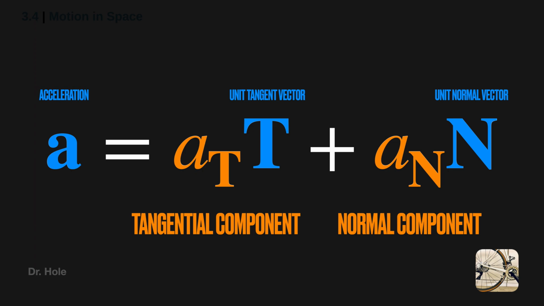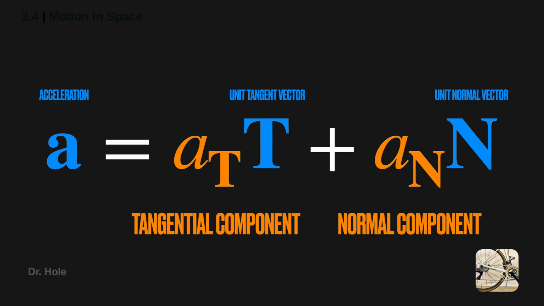You want to get comfortable with that notation. If you're looking very closely, acceleration is in one type font, the lowercase a, and then the scalar components are in a different font, lowercase a. Nice. And here I've used color to indicate scalar, orange, and vector, blue. Excellent.